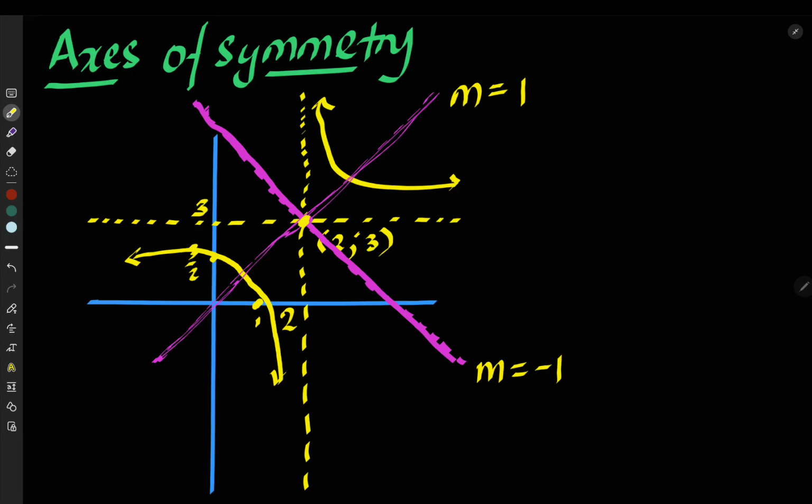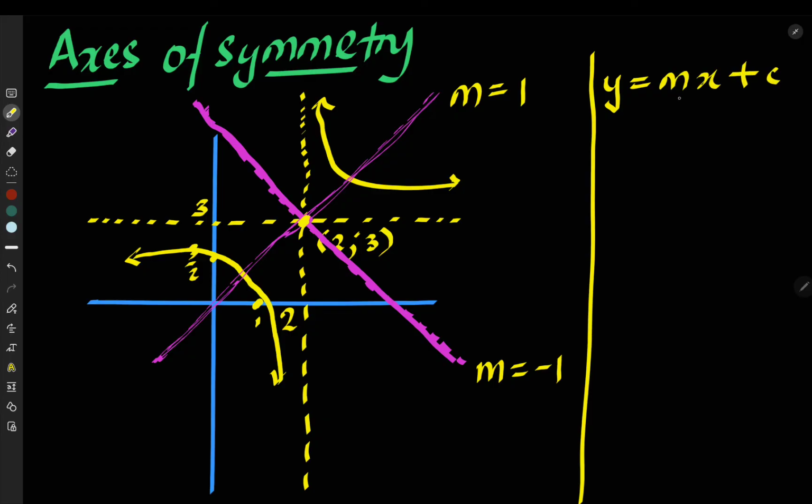Now, to determine the equations of these lines, you can see that these are straight lines. A straight line has a general equation, y is equal to mx plus c, where m is the gradient. We want to start off with this one. So m is 1, so y is equal to 1x. There's no need to write the 1, so it's just x plus c. Now, to get the value of c, we substitute any given point on that line.